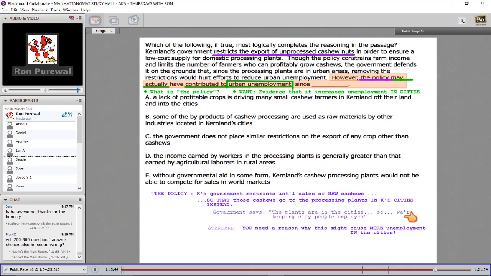So if this is going to happen, it's going to have to be somebody else in the city who does not work at the processing plant. Give me a smiley face if that makes sense. Your evidence is going to have to point to someone in the city other than the processing plant workers.